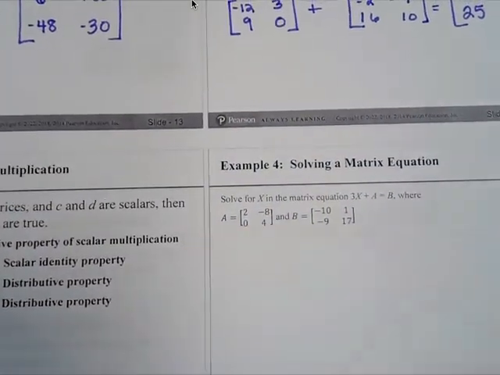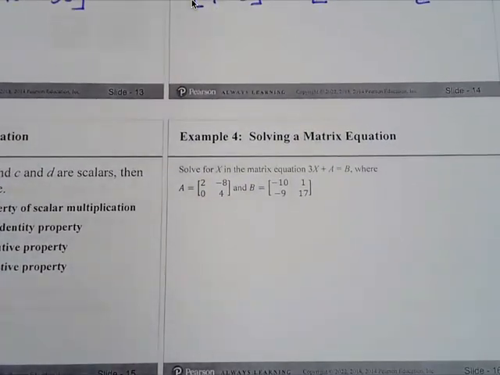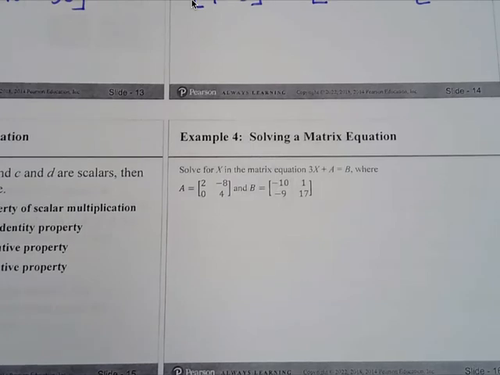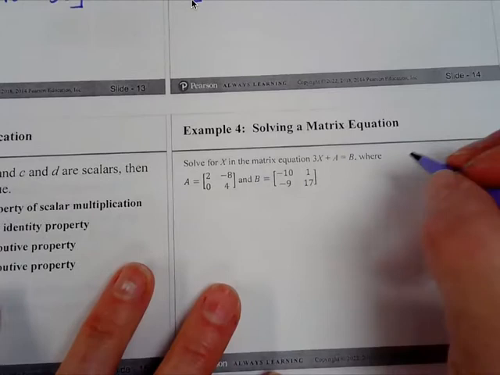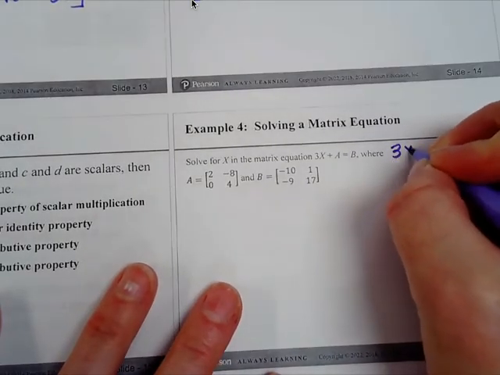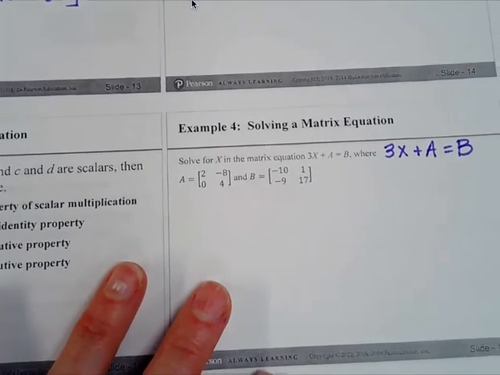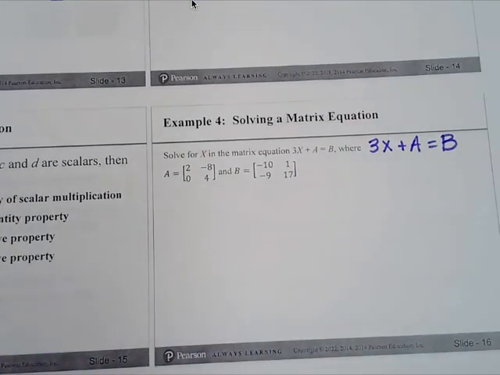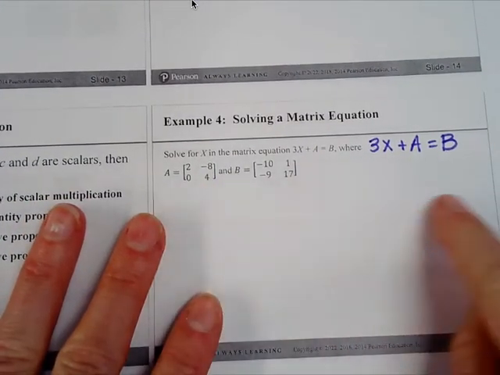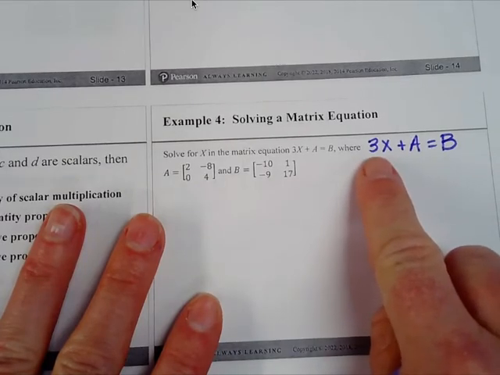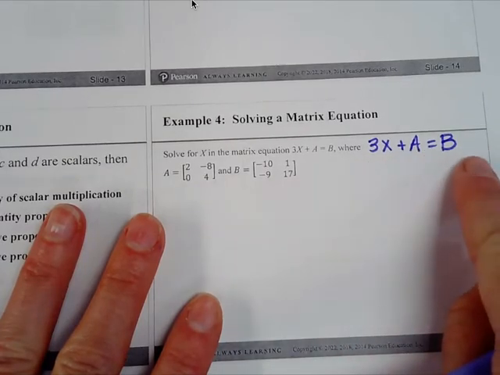Okay, so let's solve an equation. It says solve for x in the matrix 3x plus a equals b. So what we can do is we can actually think about this and solve for x. Or we can set up an equation where we go ahead and plug in our matrices.